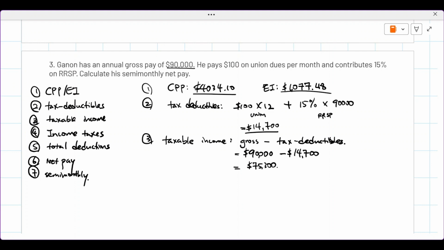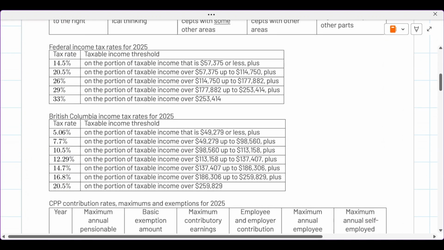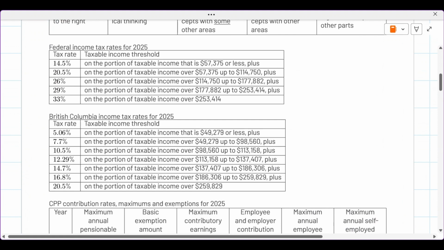Because if you're going to save money anyways, why don't you save money while saving your taxes? And another thing that we notice is that this number is greater than the 57,375 or 49,279 for the first brackets. So we're going to exceed the first tax bracket.